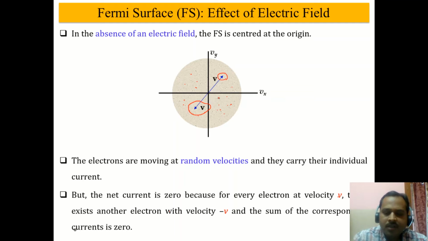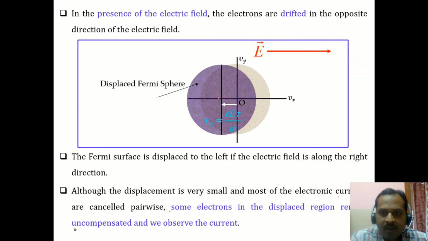So now let us see, when we apply an electric field, what happens to this Fermi surface. Let us apply the electric field along this Vx direction, and we will see that the Fermi surface gets displaced, or drifted, in the direction opposite to that of the electric field. Already from the classical Drude model we know the expression for the drift velocity.